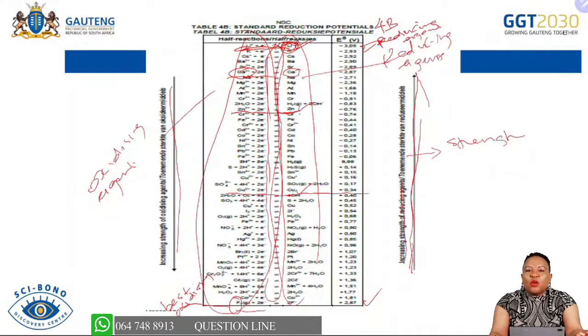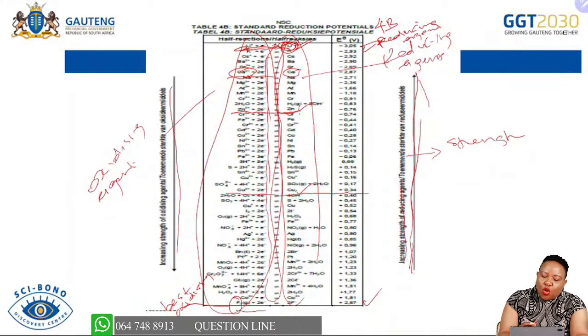And we'll firstly ask ourselves which one is the stronger reducing agent. When you compare zinc and copper, you will see that zinc is a stronger reducing agent than copper. Therefore, the zinc half cell will undergo oxidation because zinc is the better reducing agent than copper.